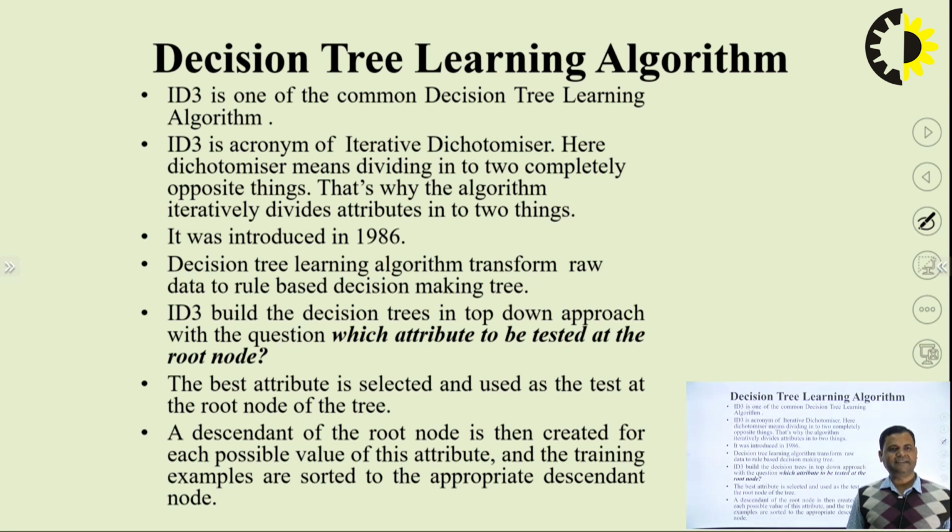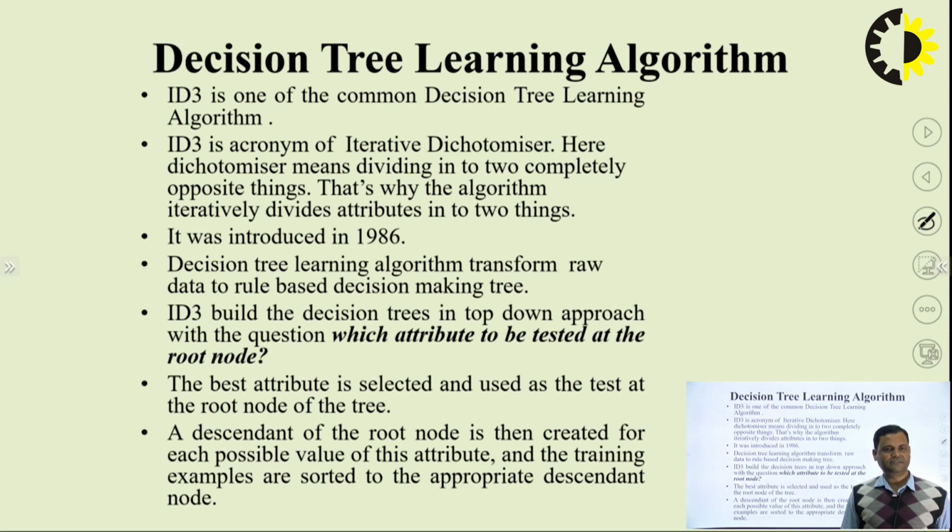That is called the dichotomizer, which basically means dividing into two completely opposite things. The ID3 algorithm was introduced in the year 1986.